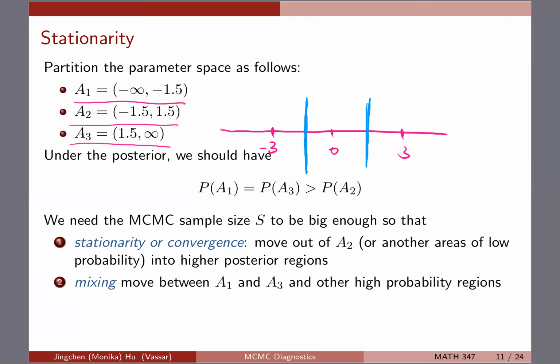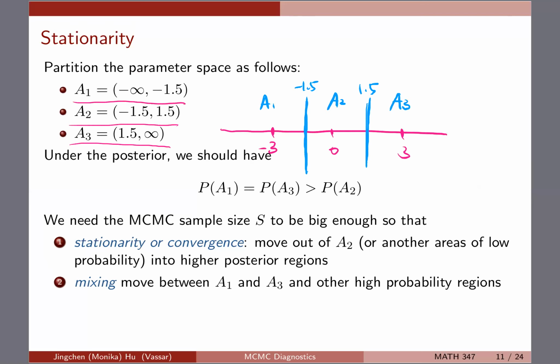okay? Like -1.5, +1.5. If I divide my partition, pretty much the parameter space, in this way, I define this to be A1, define this to be A2, define this to be A3. Based on the truth that we know, the probability of A1 and the probability of A3 should be equal, right?